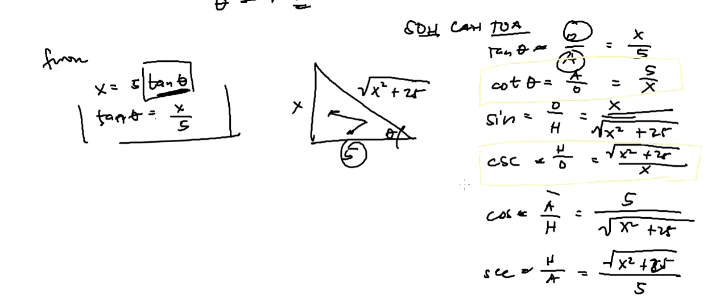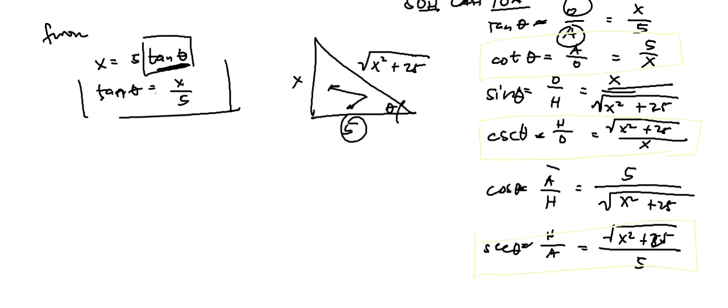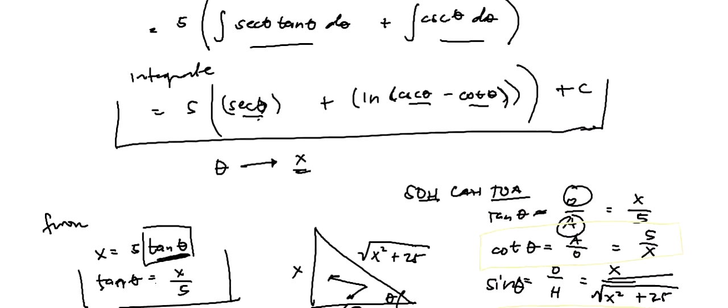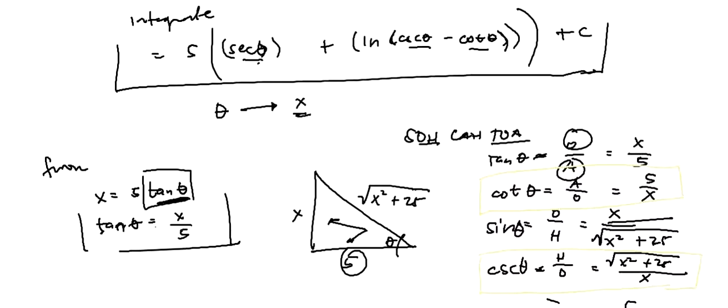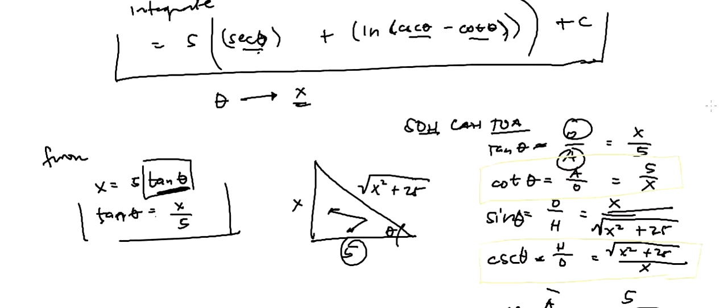So this is the value of our secant theta. Okay, so by having this information, we can now transform our trigonometric values in terms of our x.